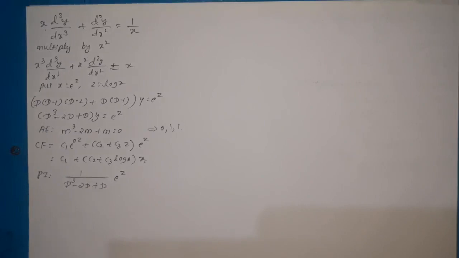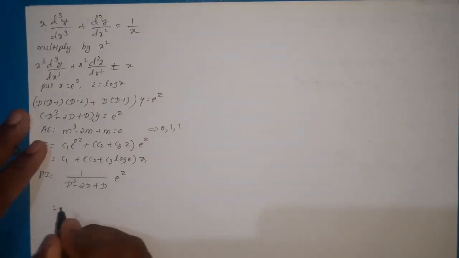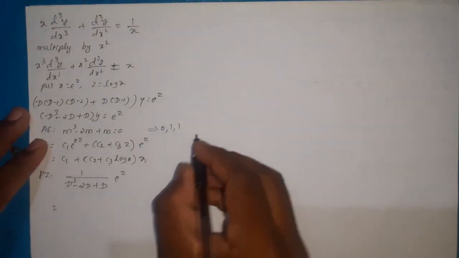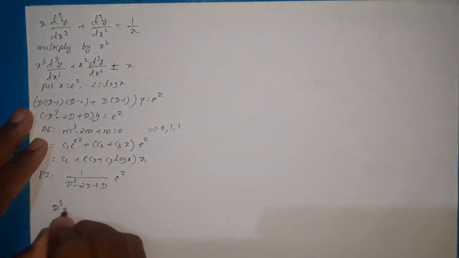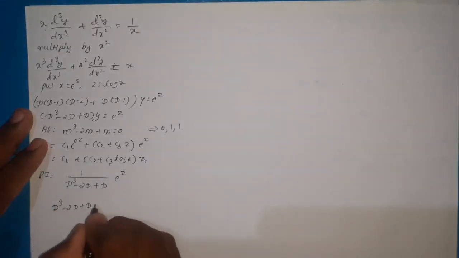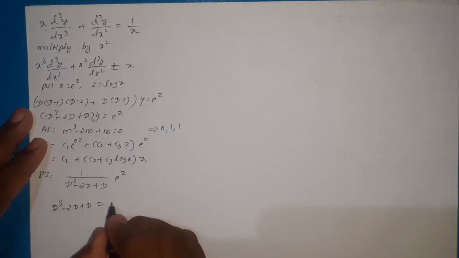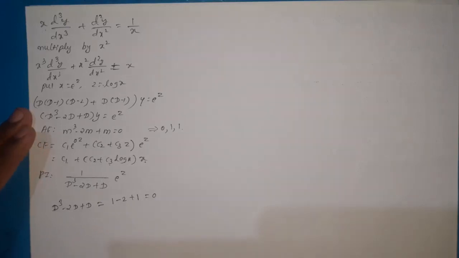So this is the complementary function. Now the particular integral is 1 divided by d cube minus 2d plus d, e power z, where z equal to 1. So now check the value of the denominator for d equal to 1. Here we have d cube minus 2d plus d, right? For d equal to 1 means 1 minus 2 plus 1, which is equal to 0.